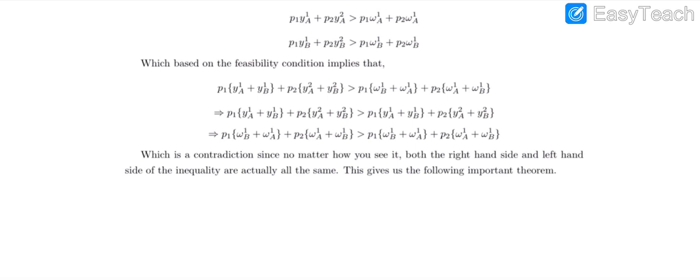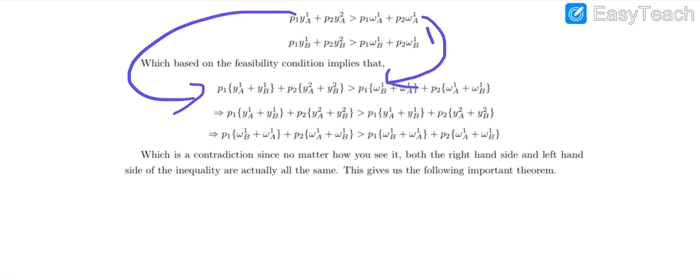Then we take P1 common from here, and from here we also take P1 common, and this shows that we just assume that if there is not an equilibrium and Pareto efficiency is not holding, then what will happen?